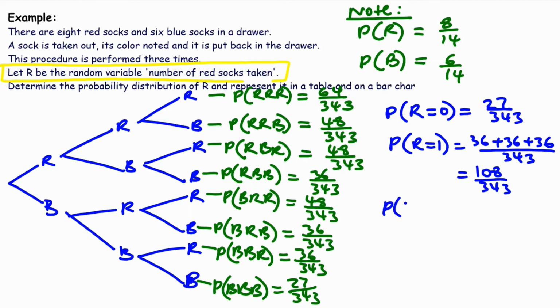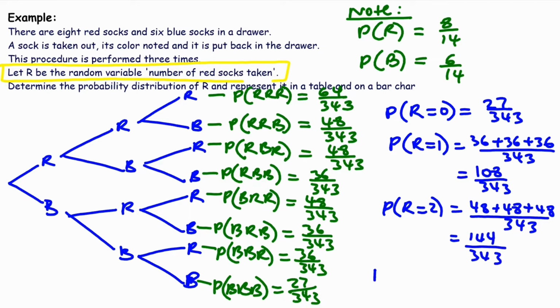The probability of obtaining 2 reds will be 48 plus 48 plus 48 over 343, which will be equal to 144 over 343.